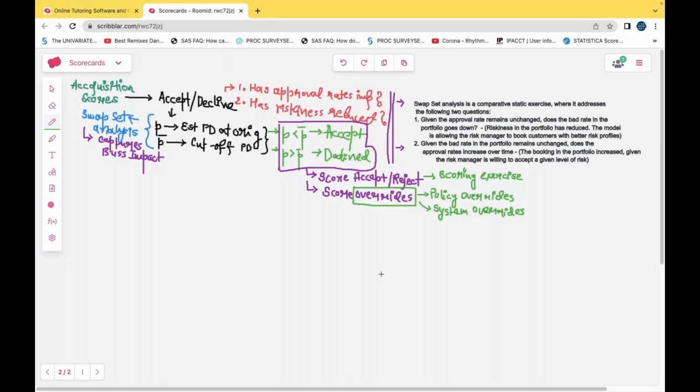So think about a case like this. There is a borrower who has a very high affordability and a very good credit history in his behavior, in his performance, everything, and based on that he has been a score accept, right?